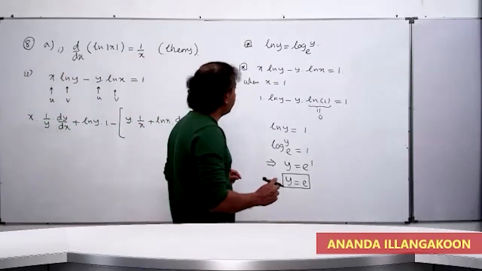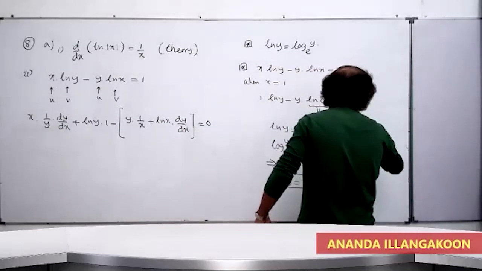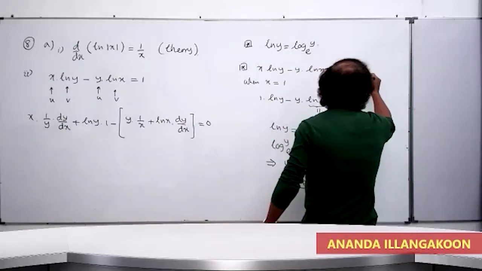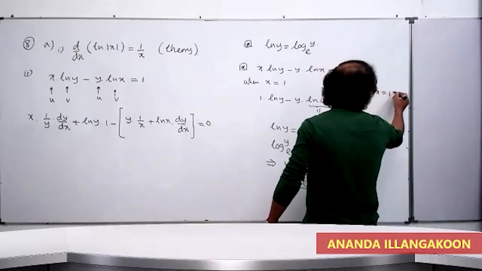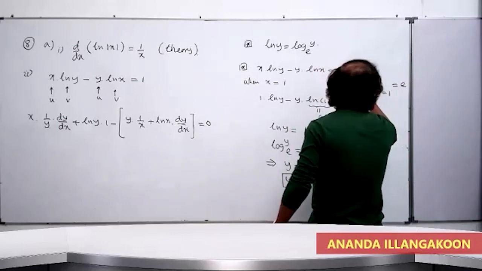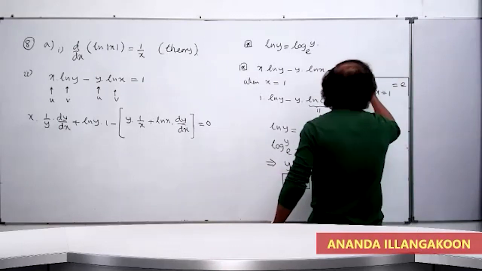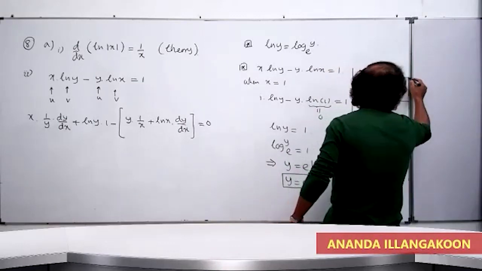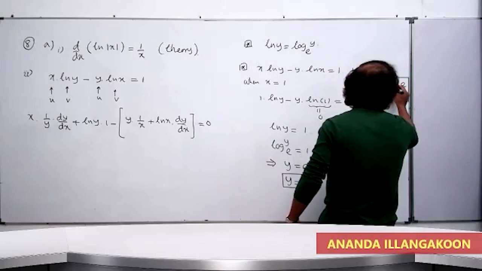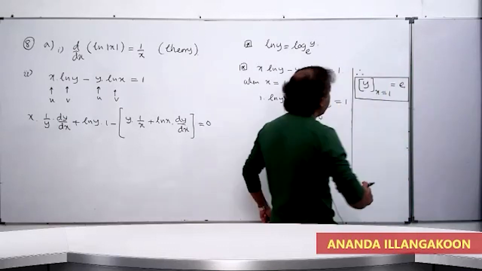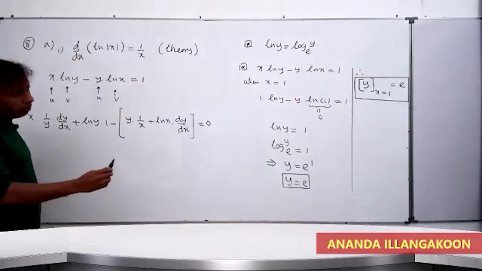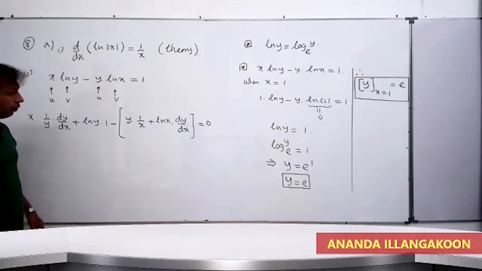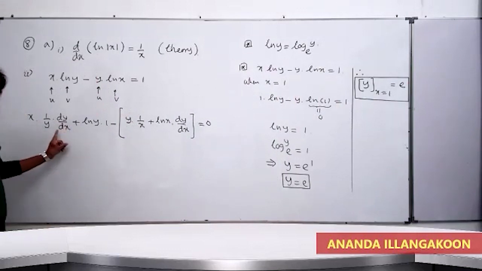So therefore we can write, the y value when x equals 1 is e. That y value when x equals 1, we need it to find dy by dx, put in x equals 1 here, right?